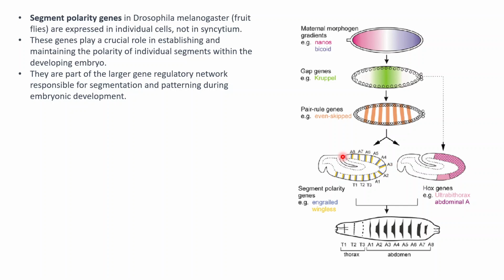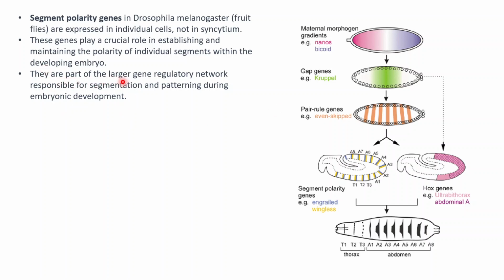If you can follow the diagram and my pointer, within each of these segments we have two genes, engrailed and wingless. These genes determine the anterior posterior axis within each segment. So if you divide the body into various segments, each segment will have its own anterior posterior axis determined by segment polarity genes.